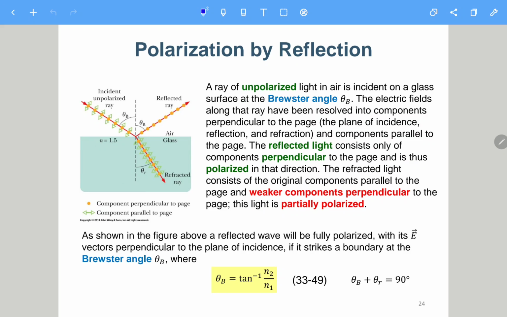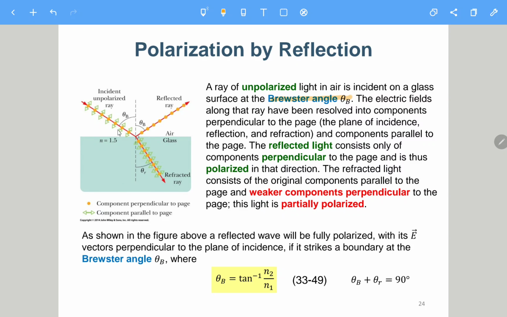Okay, so here we also talk about polarization by refraction. Suppose we have incident light which is unpolarized, and suppose we have two materials, material 1 and material 2. There is an angle called the Brewster angle, theta b.